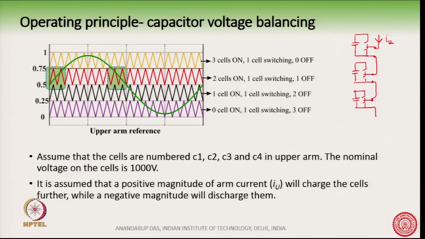When I say that the positive current will charge the cells up, it means that if you turn on this, this current will charge up this cell here. So, when the cell is turned on, that means when the upper switch is turned on, then this current, the positive direction, is such that it will charge up the capacitor voltages further, and if the current is negative, it will discharge it. So, we are assuming this kind of a circuit connection, and this is the assumed direction of the current.